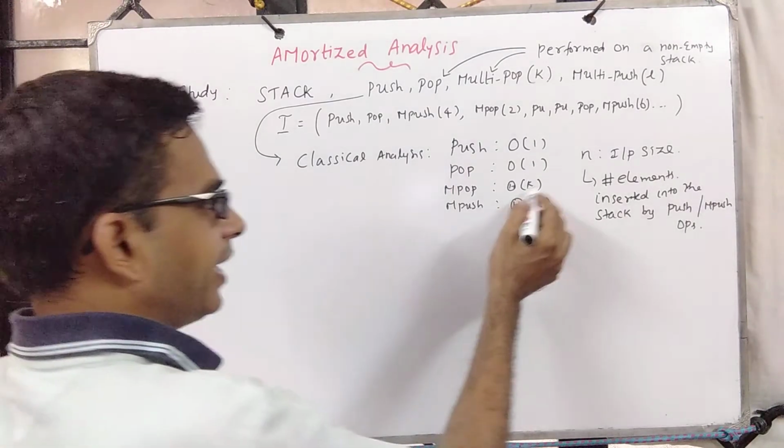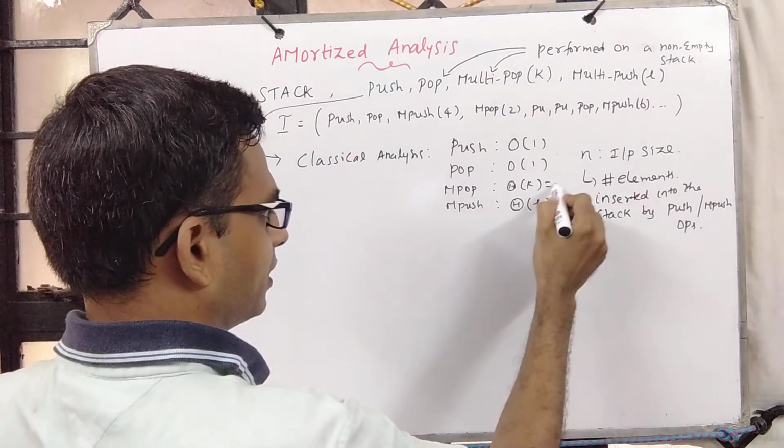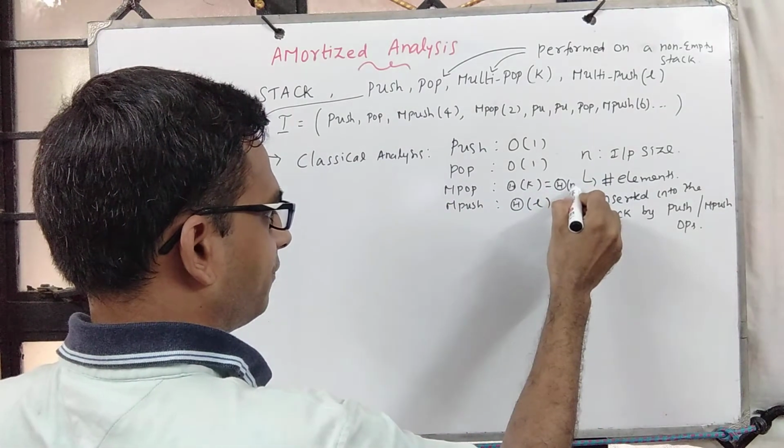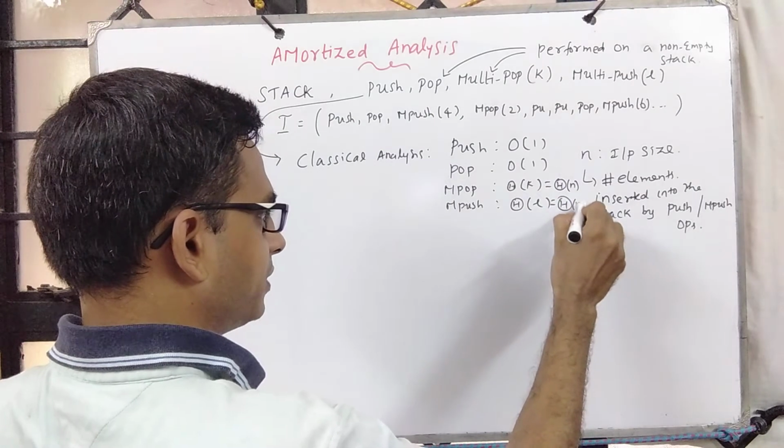Now this K can be a function of N, which means this one is theta of N, and even this can be theta of this.